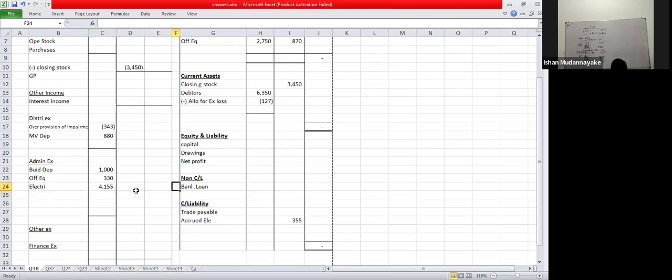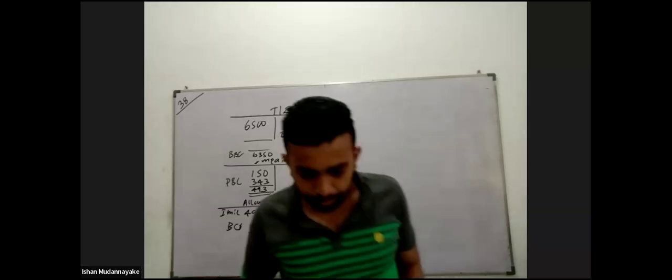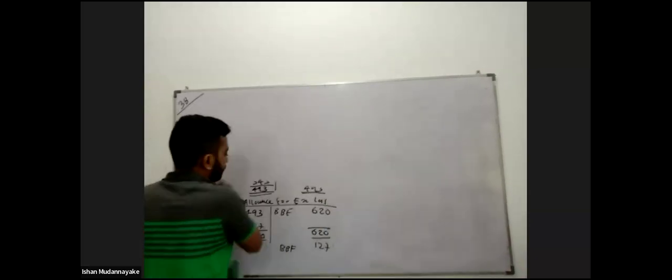At first, we record bank loan interest. Total bank loan 9,500. Bank loan interest is 14%.